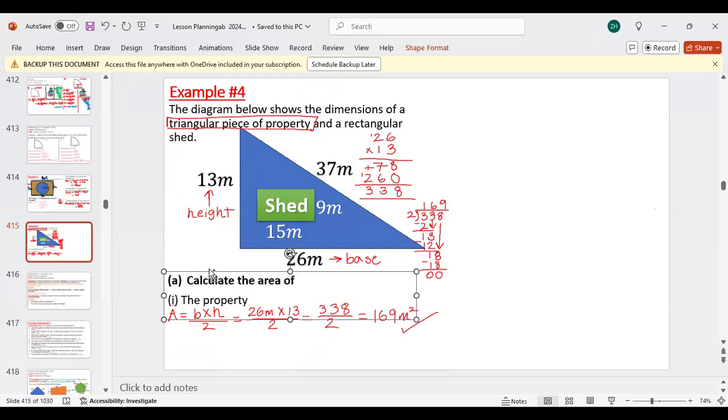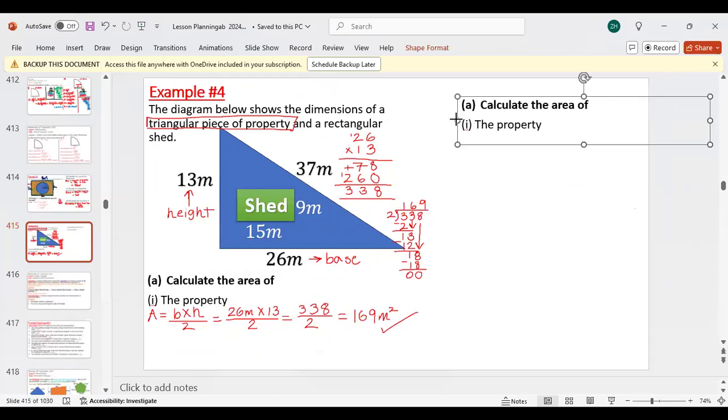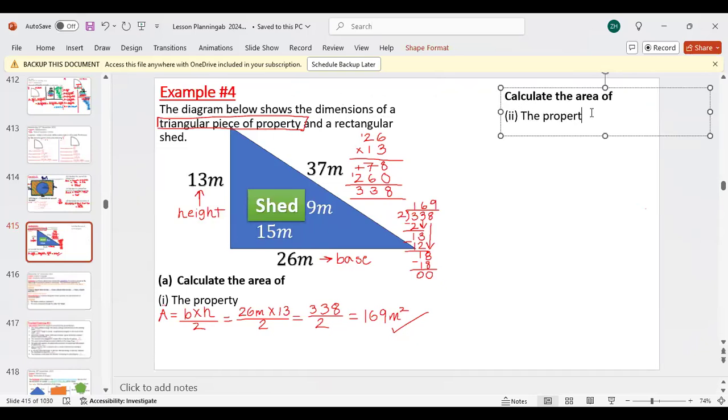Now, let me just make sure you understand that part before I move on to the next part. We just did base times height divided by 2 to find the area of the triangle. The next one is they want us to calculate the area of the shed.